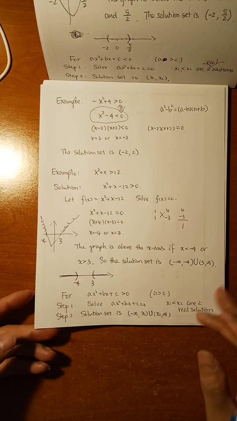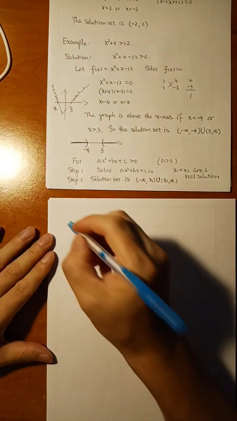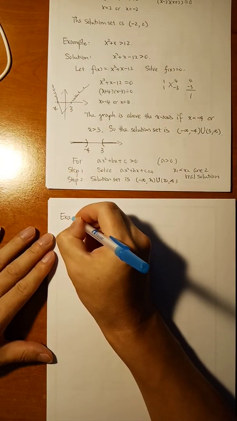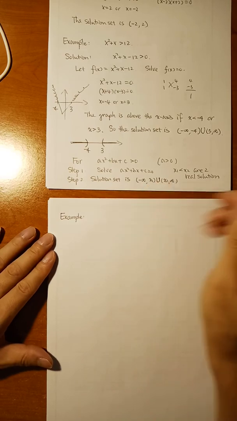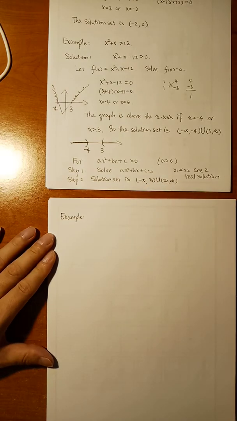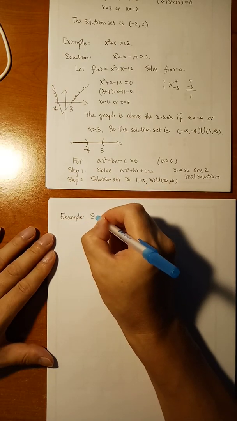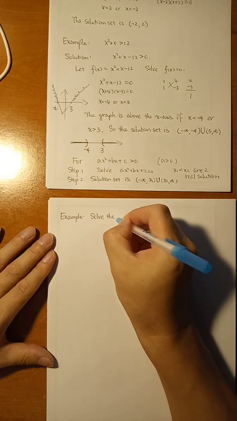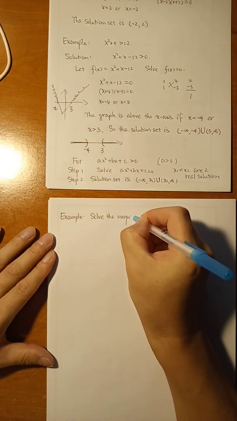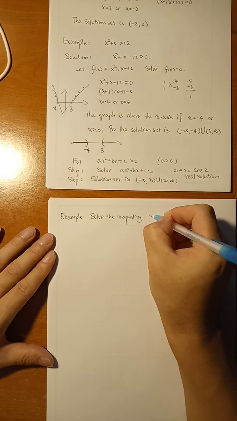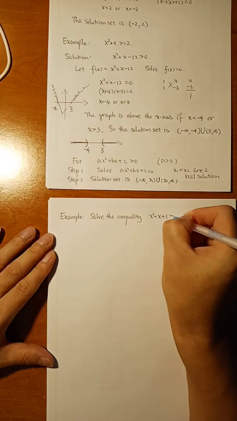Let's discuss some subtle case. This is the third example in the textbook. Solve the inequality x squared plus x plus 1 greater than 0.